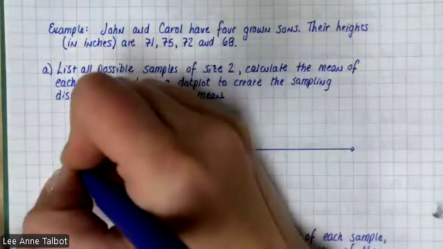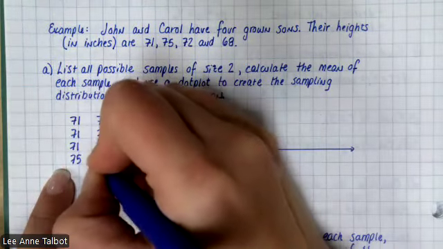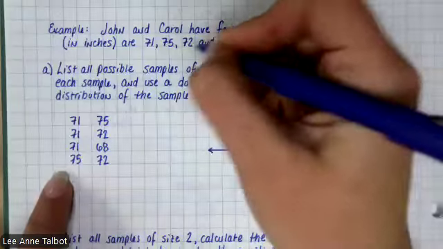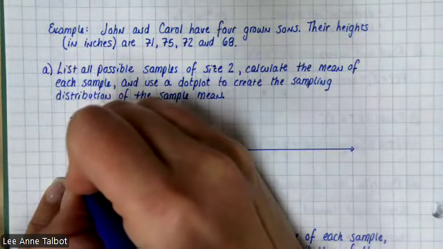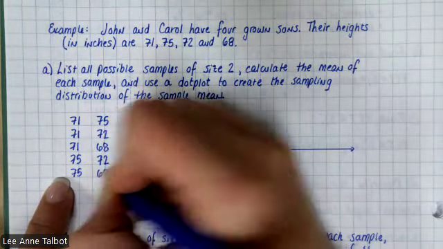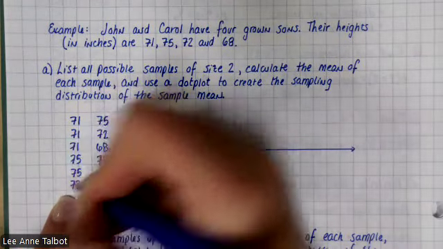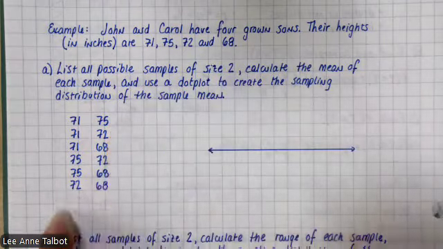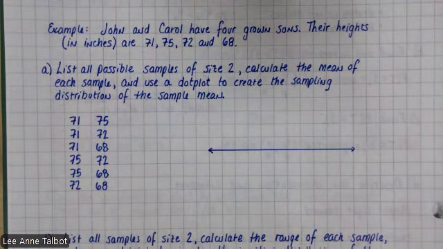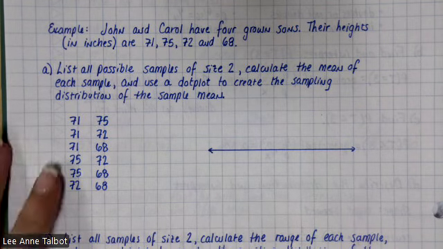Okay. And then we could have the 75-inch guy with the 72-inch guy and the 75-inch guy with the 68-inch guy. And then we could have the 72-inch guy and the 68-inch guy. Okay. Does that make sense?